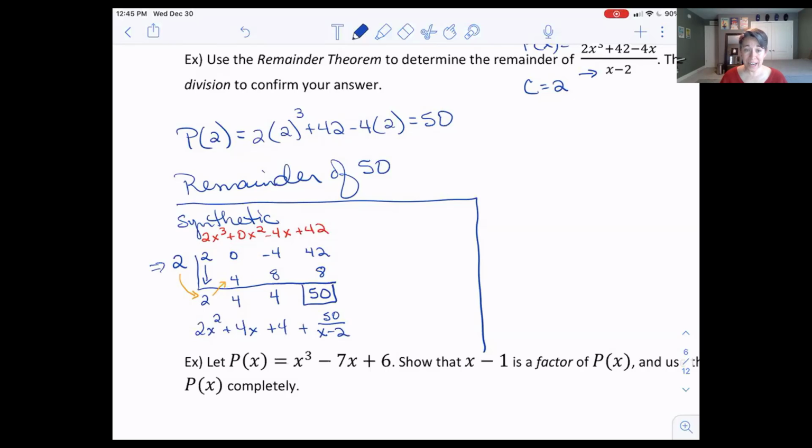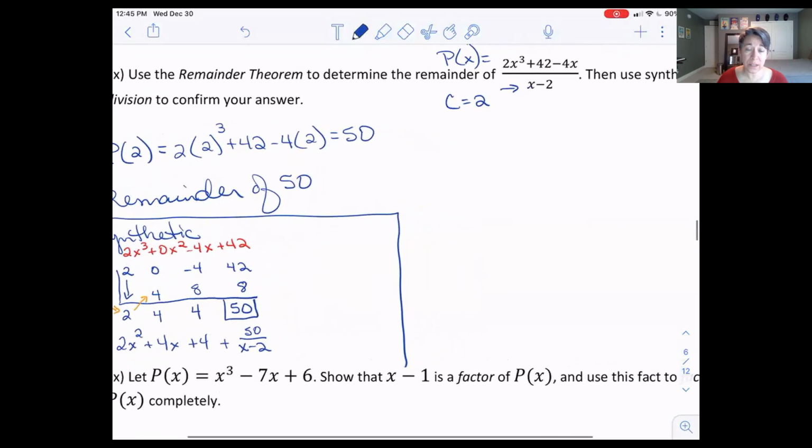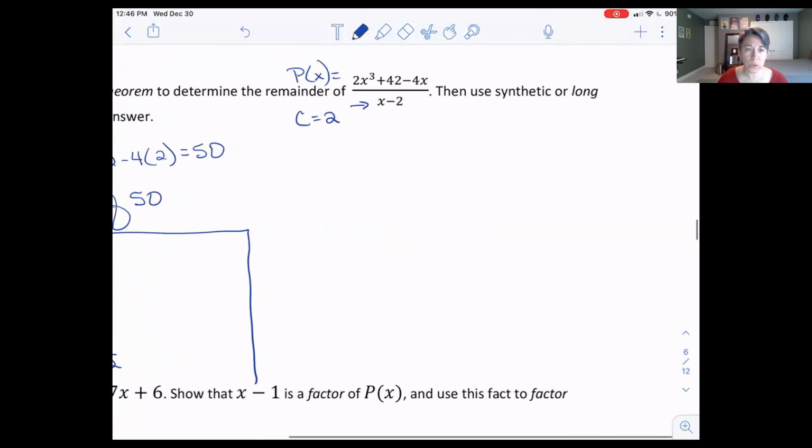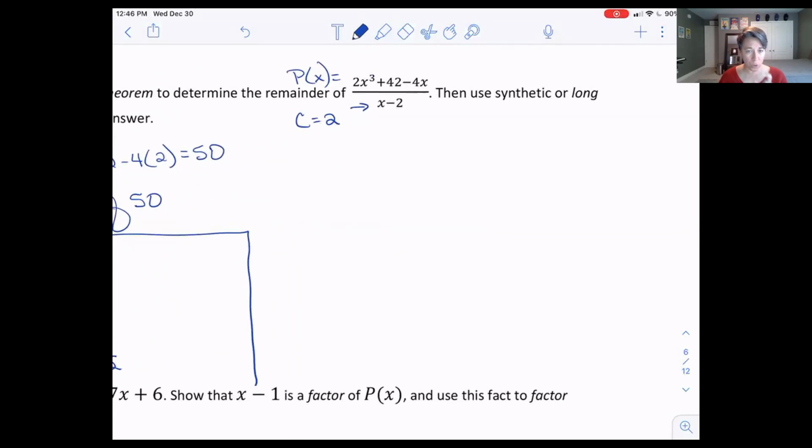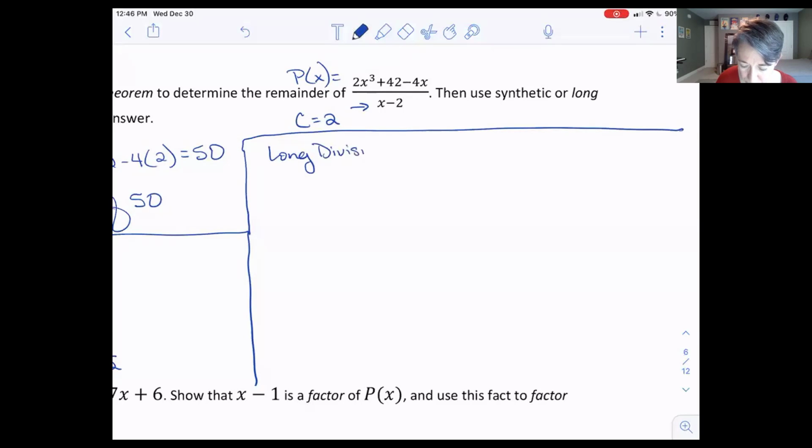So that's synthetic division. Now, although synthetic division, again, only works when we divide by a binomial of the form x, single x, plus or minus a number, long division works for everything. So let's review long division.